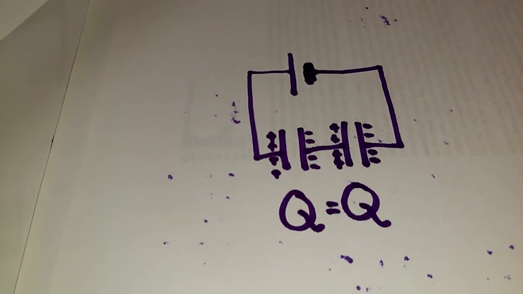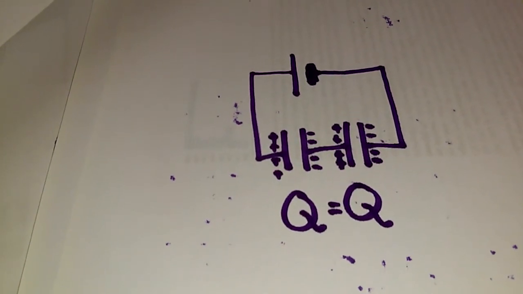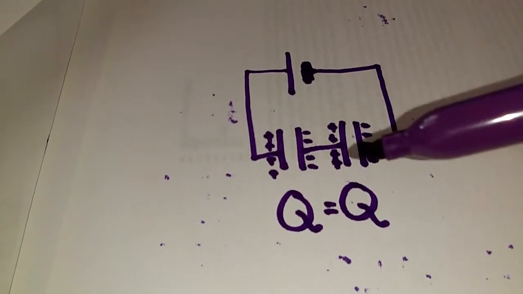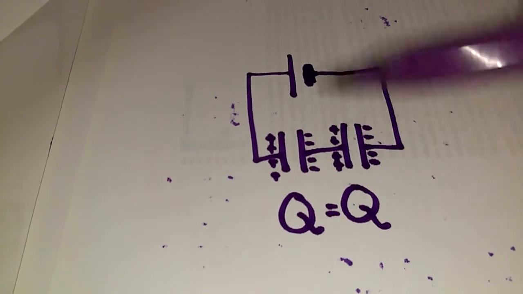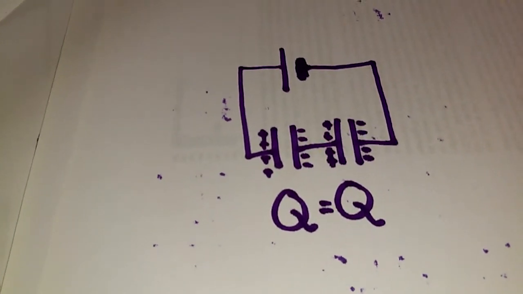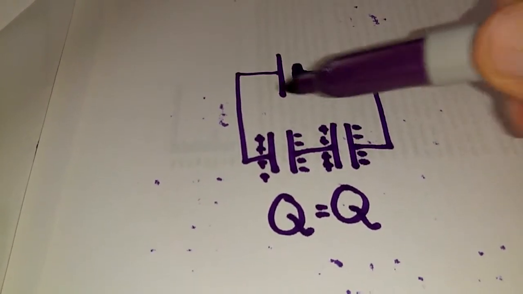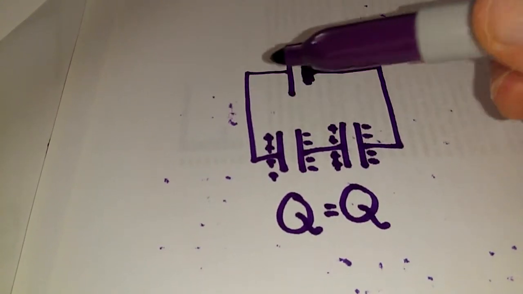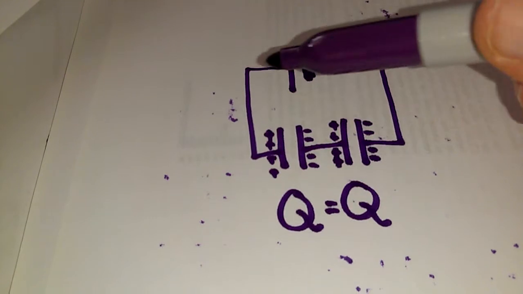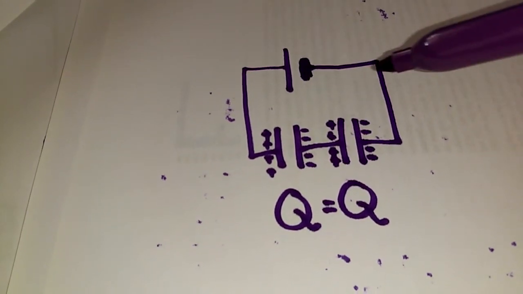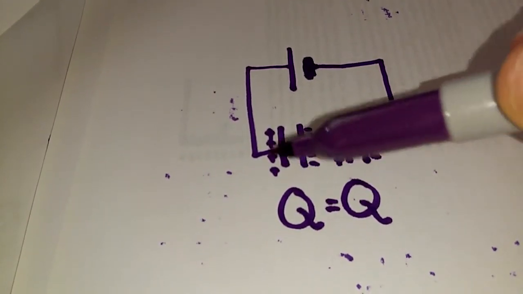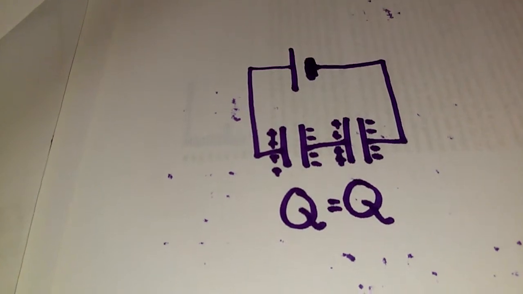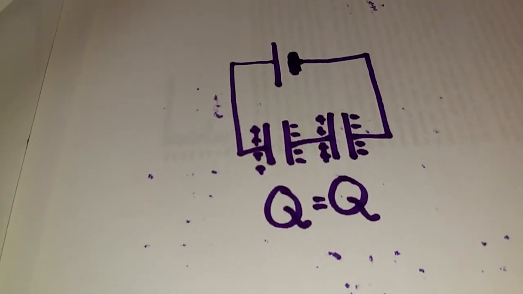Well, what is different is the potential difference, because we've got a series circuit, and you guys know, because you revised potential dividers, that EMF is going to be split over all the different things in the circuit. Kirchhoff's second law, remember, conservation of energy. EMF in a loop is going to be equal to the potential difference sums in that loop. Right, let's have a think what we know then.